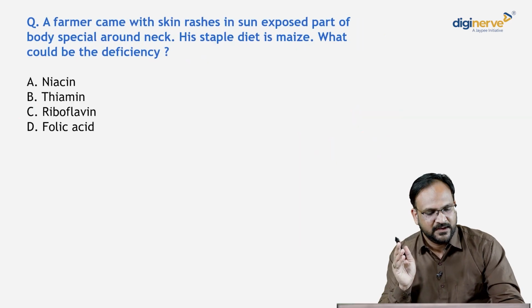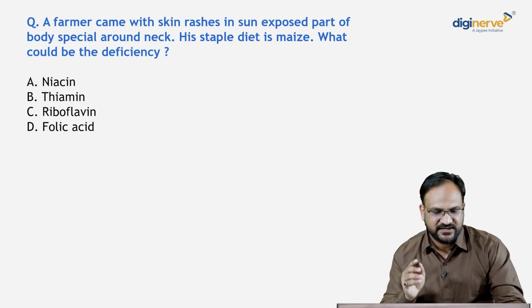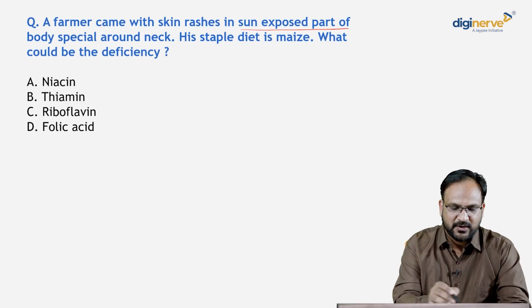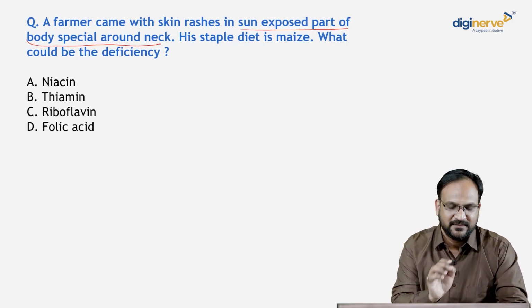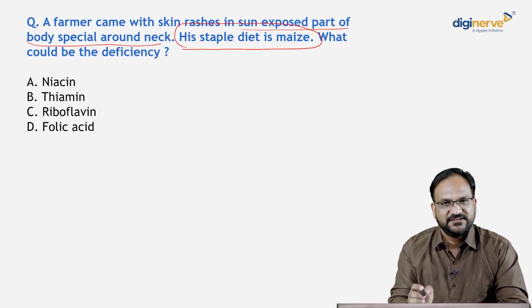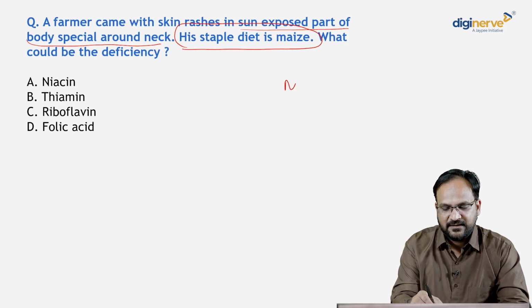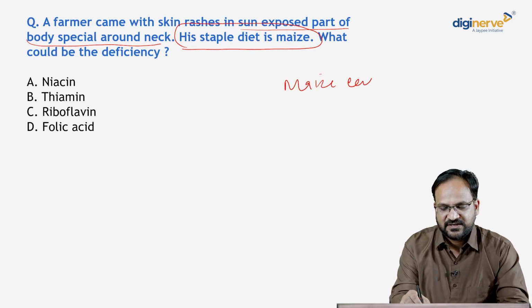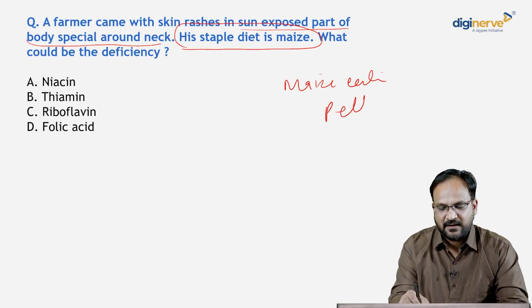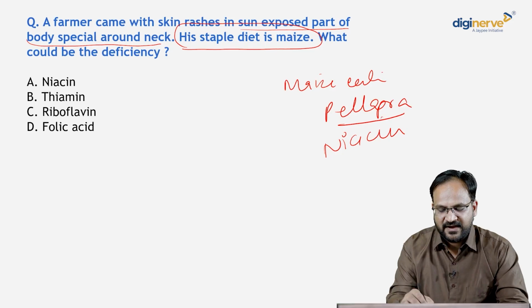Answer will be C. A farmer came with a skin rash in the sun-exposed part of the body around the neck, and his staple diet is maize. So they are talking about a maize-eating population. We know there is a disease pellagra due to deficiency of niacin. Why niacin?